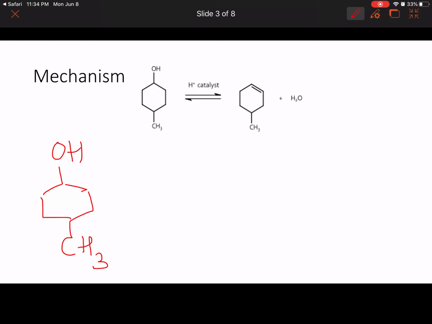Our acid is also going to be phosphoric acid, H3PO4, and then one of the hydrogens from phosphoric acid, PO4, and then two hydrogens.